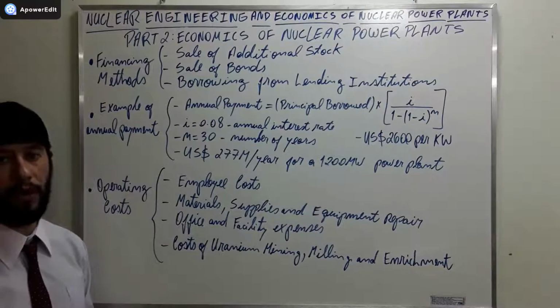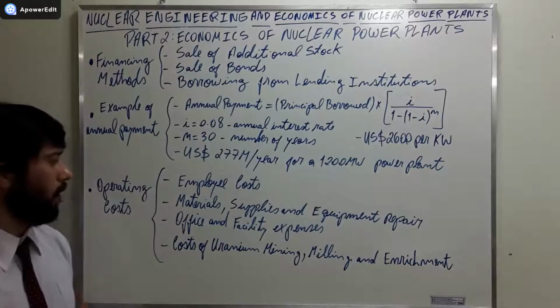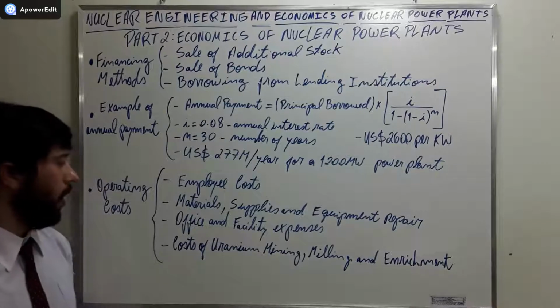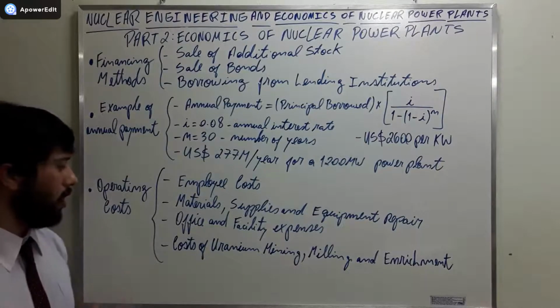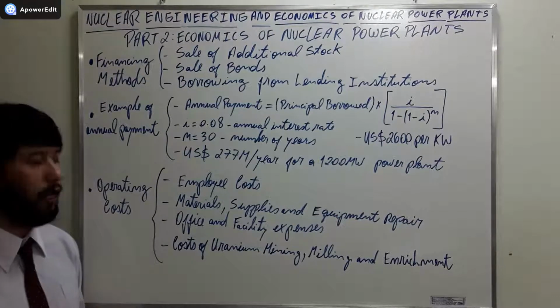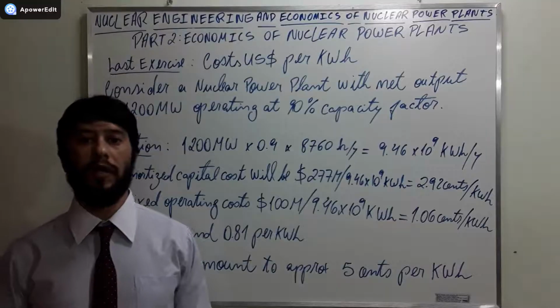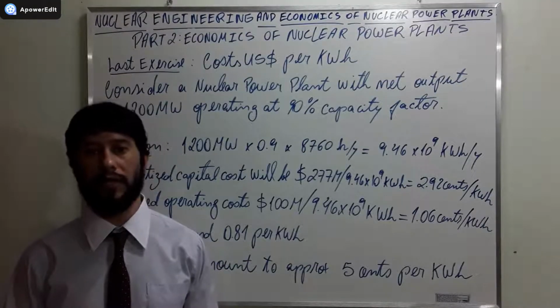Among the operating costs are employee costs, costs with materials, supplies and equipment repair, office and facility expenses, costs of uranium mining, milling, and enrichment. Now let's see this last example of costs per kilowatt hour.